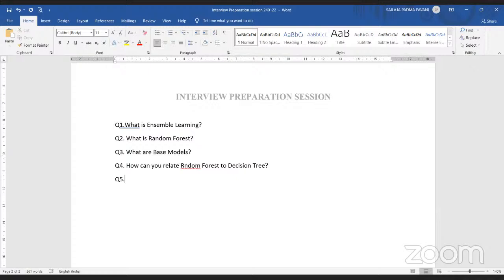Shall I repeat it? Your answer should be like this: if a decision tree is trained and it is giving some overfitting on a specific data set, then what will happen if you apply random forest on it?